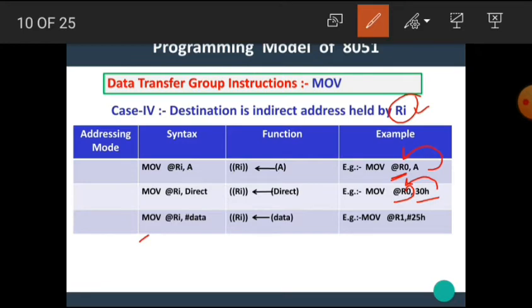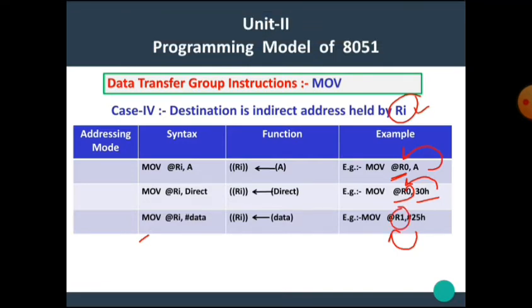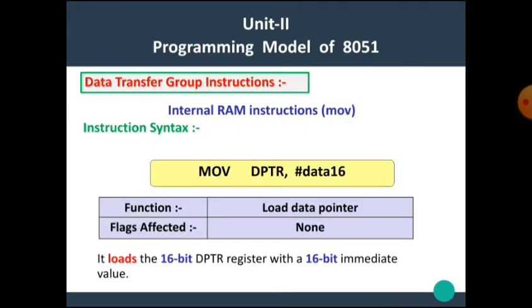Its example is MOV @R1, #25h. That is, this 25h data is copied into the memory location which is pointed to by the register R1. I hope you all understand all four cases of the MOV instruction.